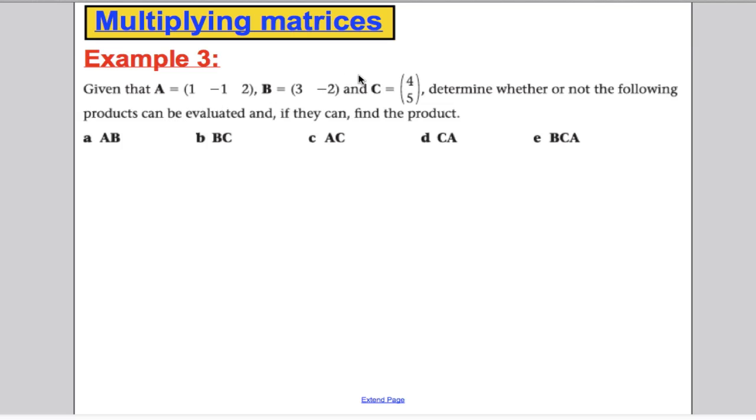Right, here we're given 3 different matrices, and we're asked to work out various products or multiplications of matrices, and in some cases you can't work them out. Now AB, let's just think of AB before we launch into it. What type of matrix is that? It's a 1 by 3, and we're multiplying that by a 1 by 2.